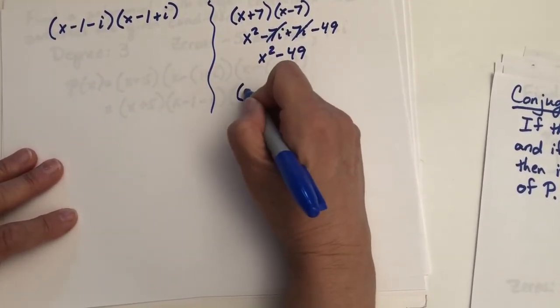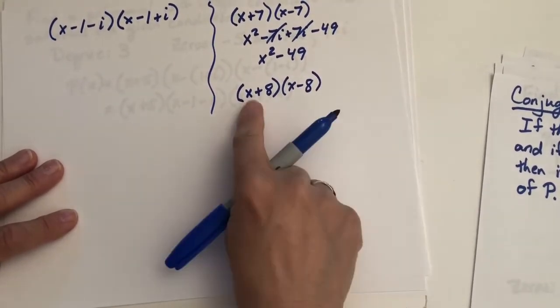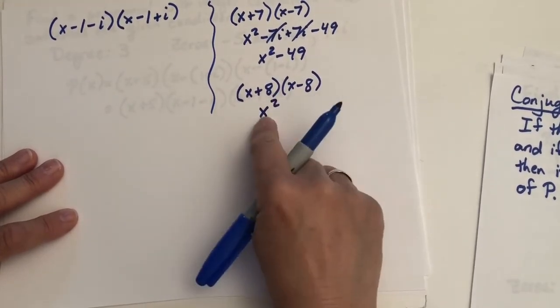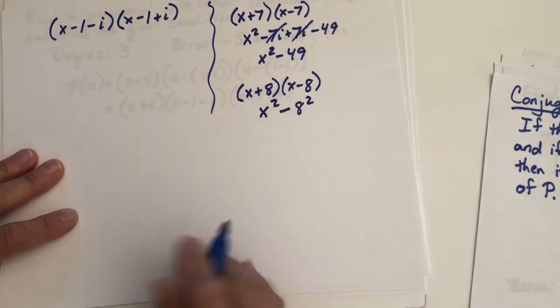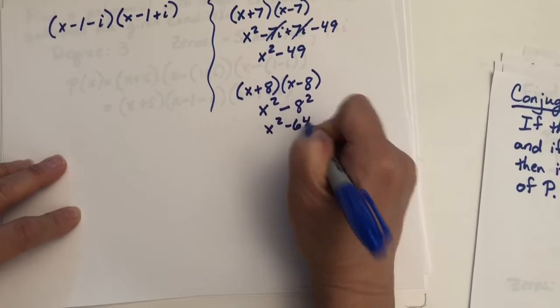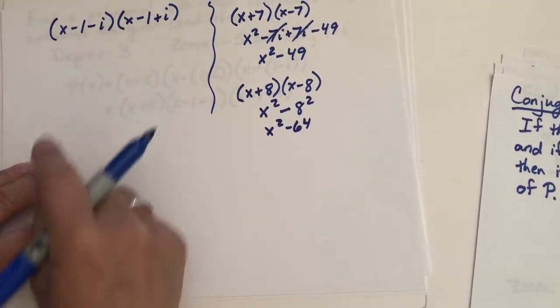So if we have x plus 8 times x minus 8, we know that the product is just x squared, that first term squared, minus 8 squared. Now we can use that idea in multiplying these together.